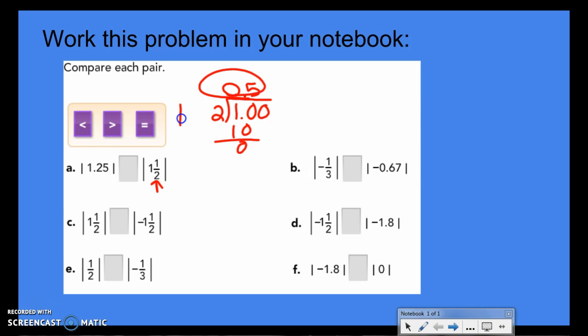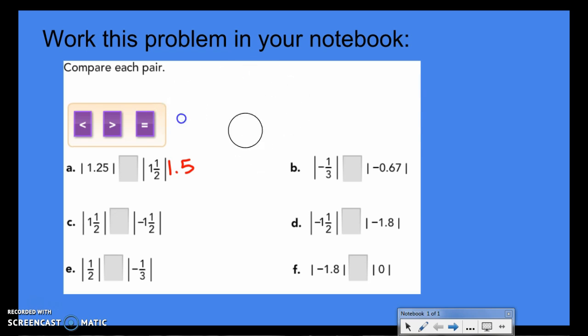So now we're comparing 1 and 25/100ths to 1 and 5/10ths. All right, and in the last unit we talked about how if you're comparing two decimal numbers, you look at the number that is the closest to the decimal point. Well, we have both 1s as our whole number.